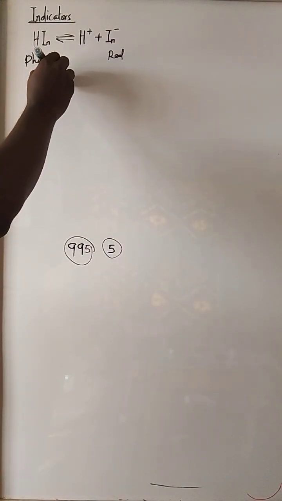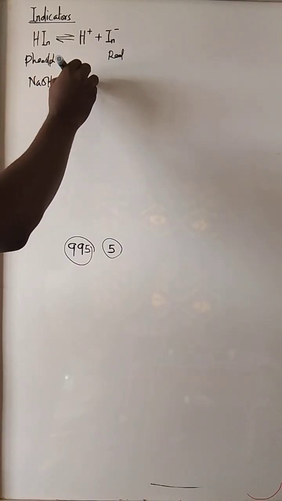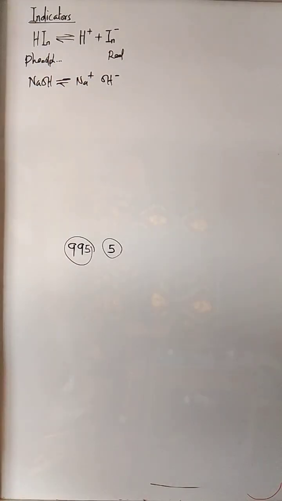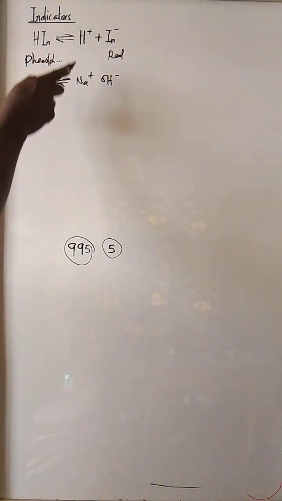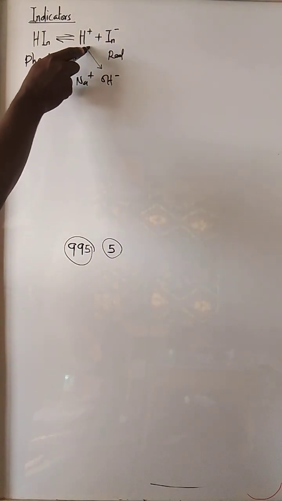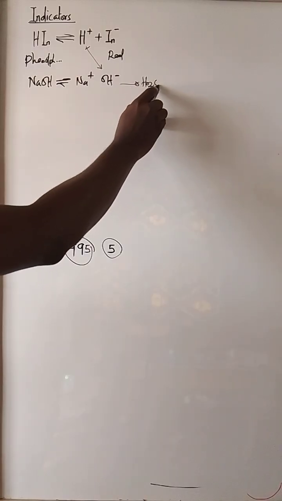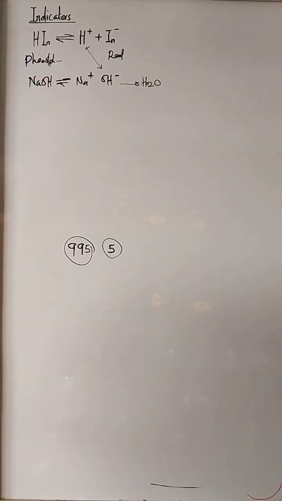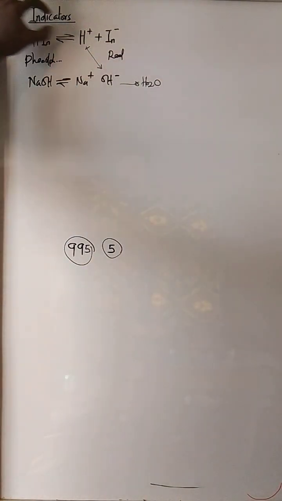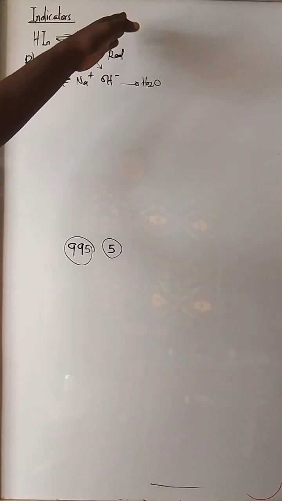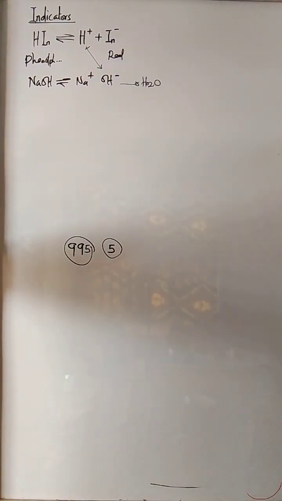Sodium hydroxide. So here we have Na plus and OH minus. So what happens here is, OH minus and H plus will come together to form water. Now, this system is at equilibrium, meaning the rate of phenolphthalein ionizing and the ions turning back to the molecule is balanced.